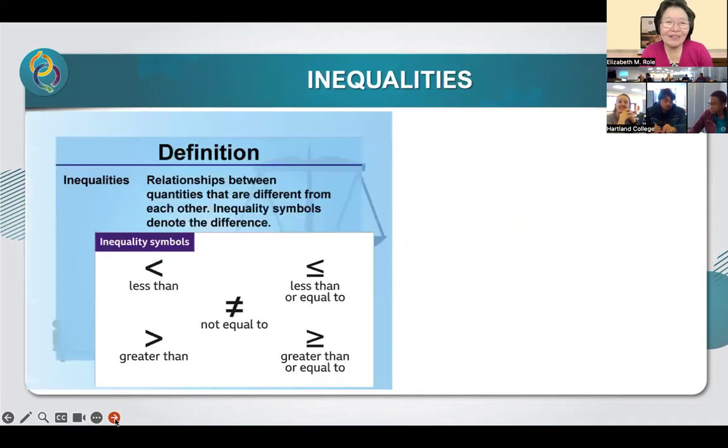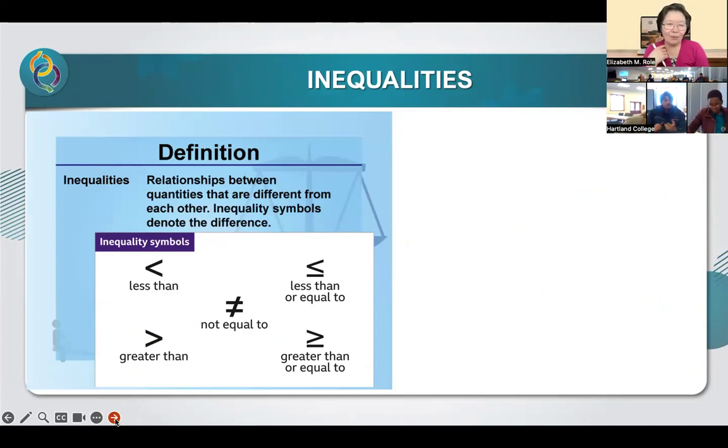So the last type of equation we will be talking about is not really equations. We call it inequalities. So we also have inequalities in math, of course. It's not always equal. And even in life, not everything is equal. There are inequalities.